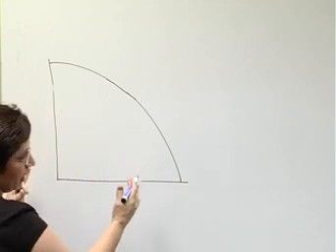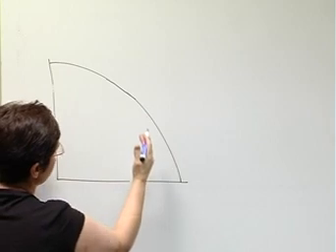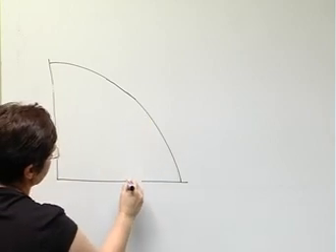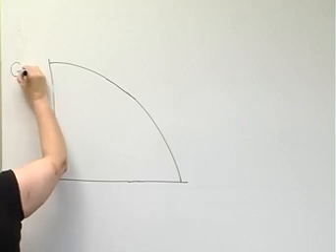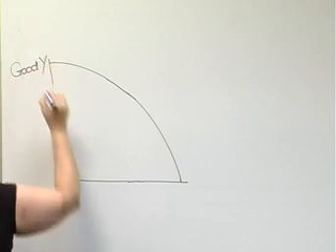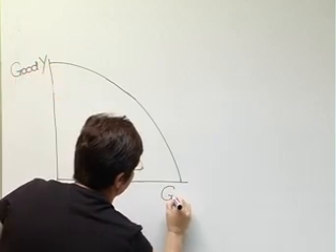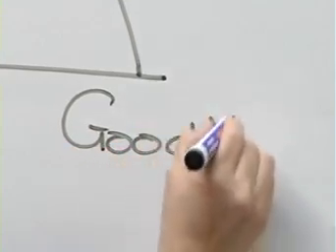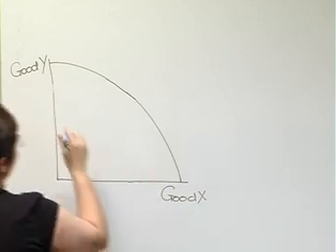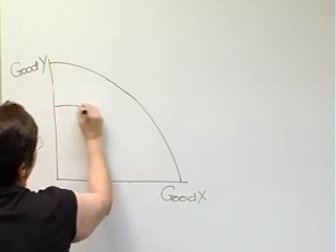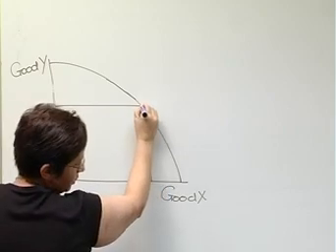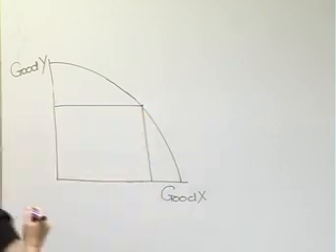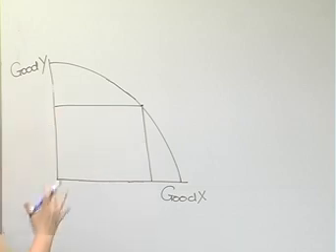I transfer the Edgeworth-Bowley box into the space so that it has equal distances. Good Y, good X. Looks equal.